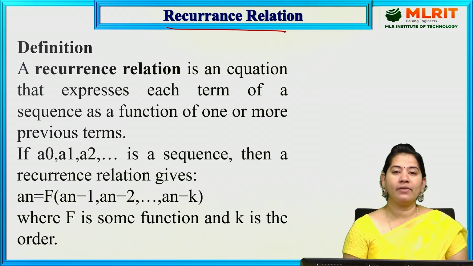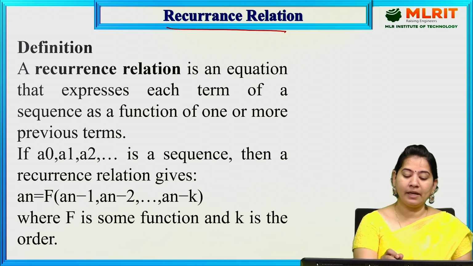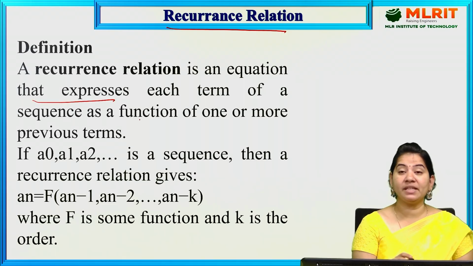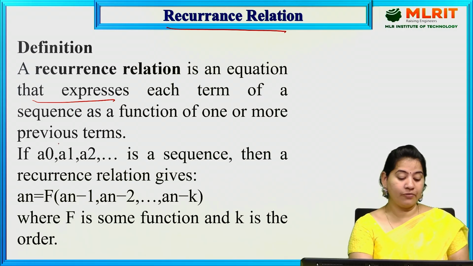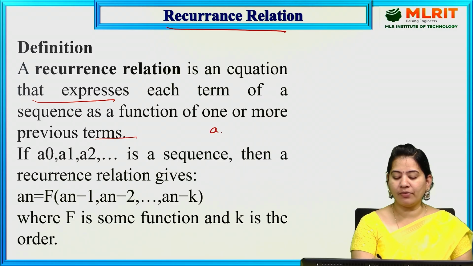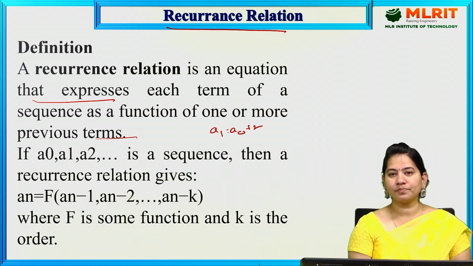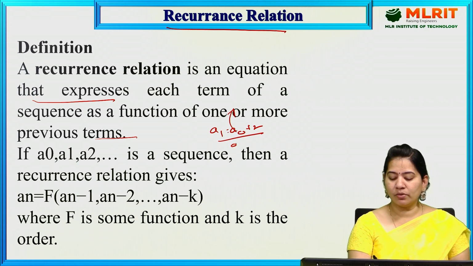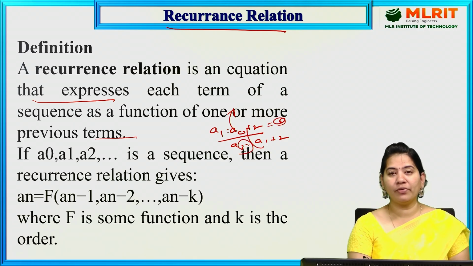Here we have a definition. A recurrence relation is an equation that expresses each term of a sequence as a function of one or more previous terms. Suppose A1 is equal to A0 plus 2. Based upon the previous term, we are able to find A1. Then A2 is equal to A1 plus 2, so based upon the A1 value we find A2.